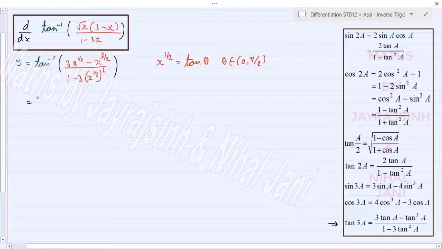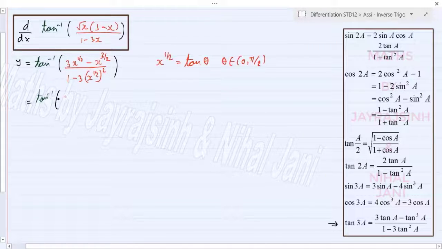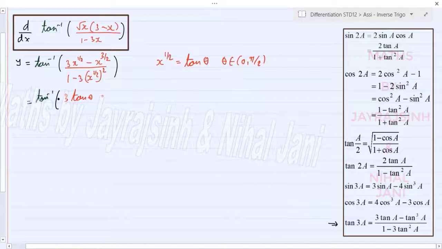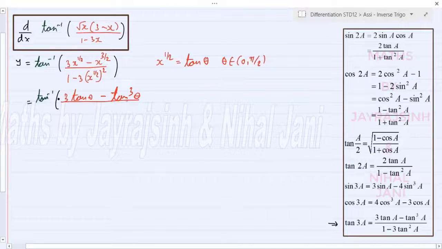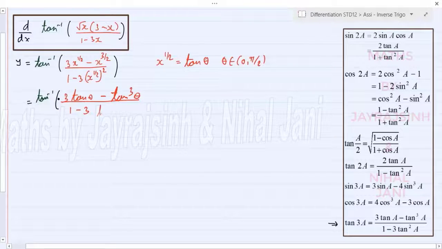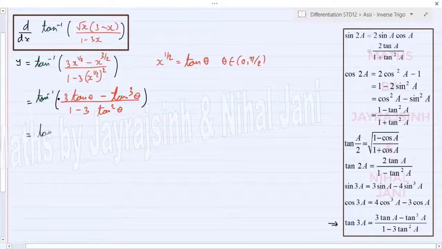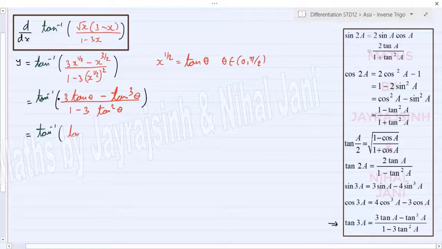So your y, which is tan inverse of that expression, can be rewritten as tan inverse of (3 tan theta minus tan cube theta) upon 1 minus 3 tan square theta. Now, as we planned, our whole bracket becomes tan 3 theta.